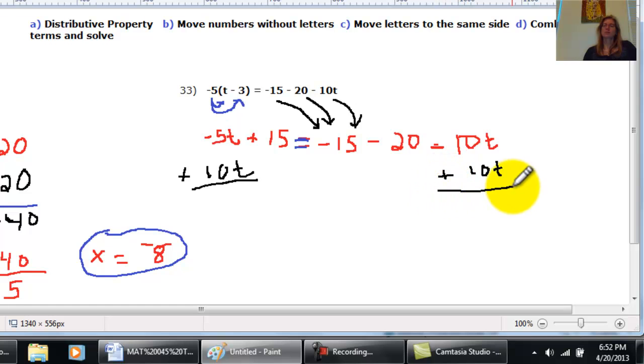This of course will end up 0, minus t plus t is 0, and this will be, remember your integer rules, you have a negative 5 and a positive 10, you're adding, so you find the difference, which is 5, and take the sign of the larger number, which is 10, so that's 5t. And you have more of the problem still.